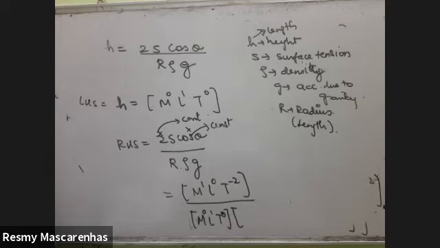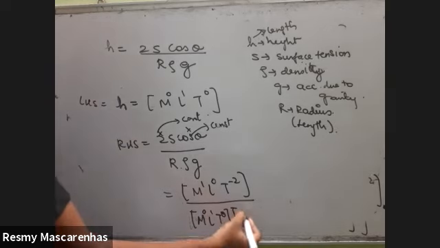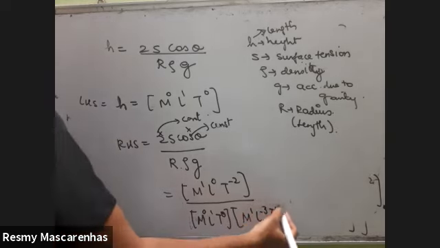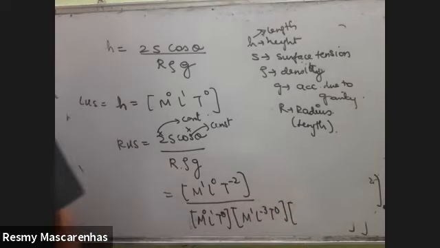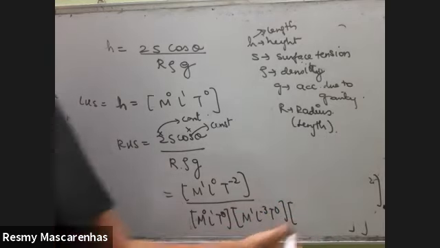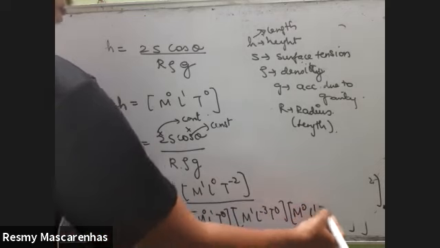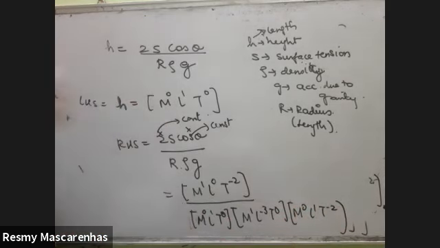Write this for density, and then acceleration due to gravity. M1, L minus 3, T0. Acceleration due to gravity is same as acceleration: M0, L1, T minus 2.